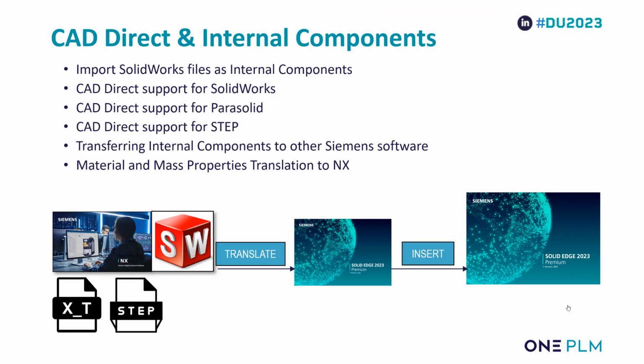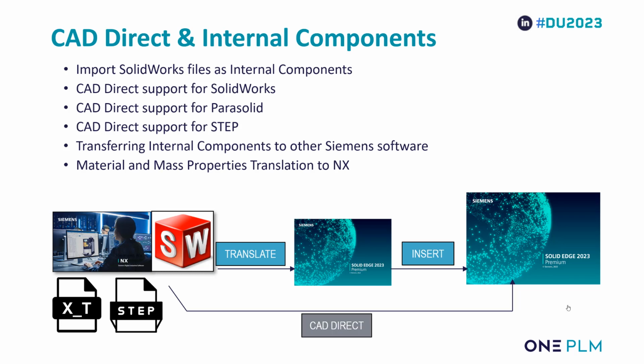So next we're going to look at CAD Direct. Previously, if we had files from NX, SolidWorks, XT, Step, or Parasolid, we'd have to translate it in Solid Edge, and then we'd have to insert it. What CAD Direct does is give us a direct link from these files into Solid Edge using the internal component infrastructure that we've now got within Solid Edge.